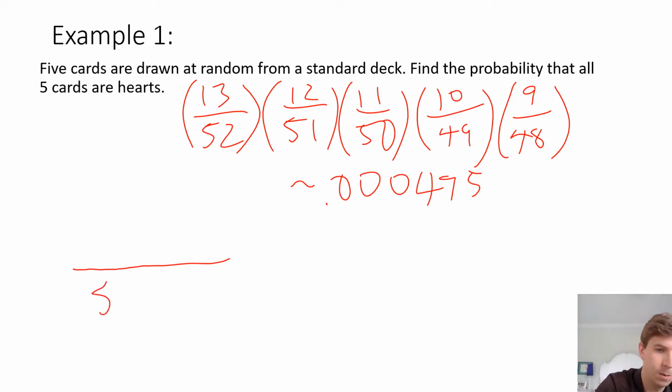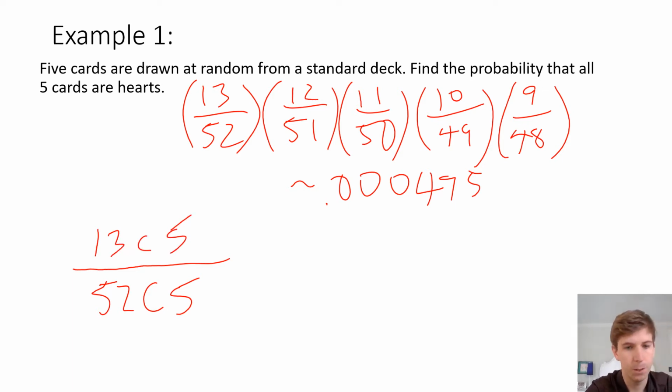That's 52 choose 5. In the numerator, we have 13 hearts and we want to choose 5 of them. So the number of ways to choose those 5 hearts from a total of 13 is 13 choose 5. This matches up with desired outcomes over total outcomes.